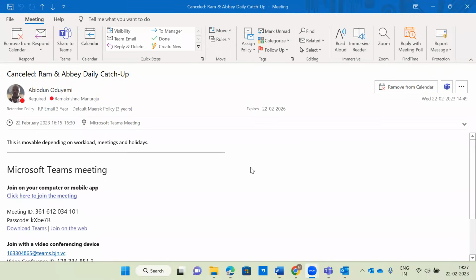I'm taking a risk and opening Outlook. Are you able to see the Outlook email?